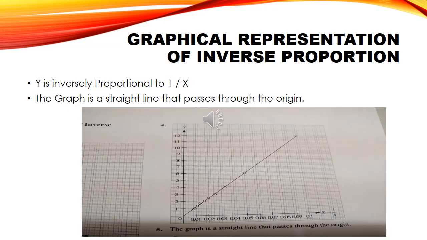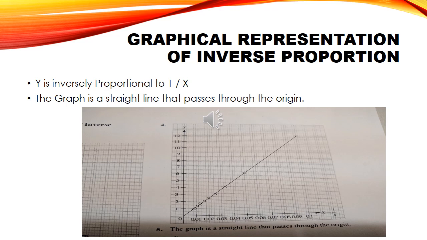Dear students, if you plot the graph of y against 1 by x, how would the graph look? When y is inversely proportional to x, the graph of y against 1 by x is a straight line passing through the origin. Clear?